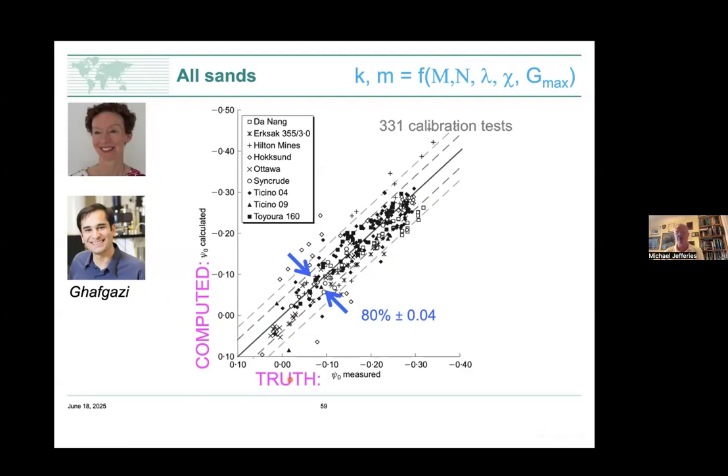So the void ratio turns into a state parameter. This axis here, I call truth, is the state parameter, which is the void ratio reported by the lab, converted using a CSL, which we have done by testing that sand in triaxial compression.